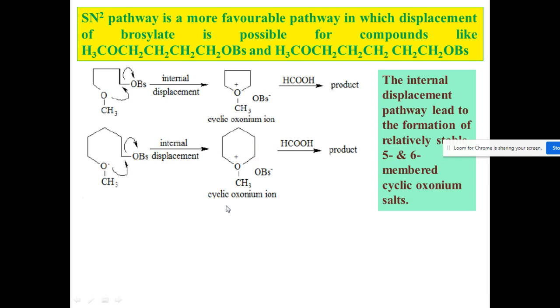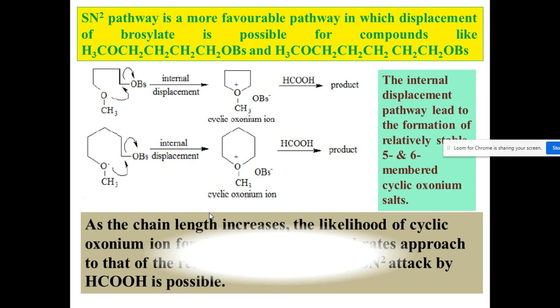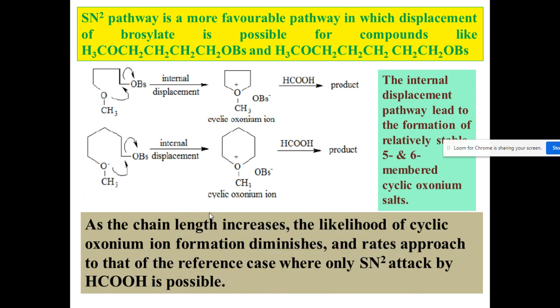The internal displacement pathway leads to the formation of relatively stable 5- and 6-membered cyclic oxonium salts. As the chain length increases, the likelihood of cyclic oxonium ion formation diminishes and rates approach that of the reference case where only SN2 attack by formic acid is possible.